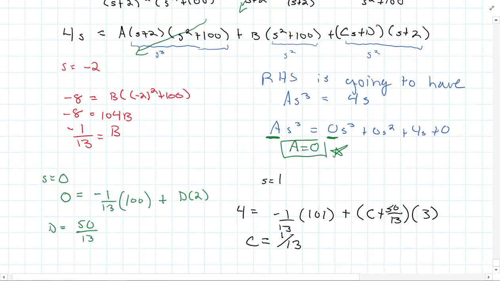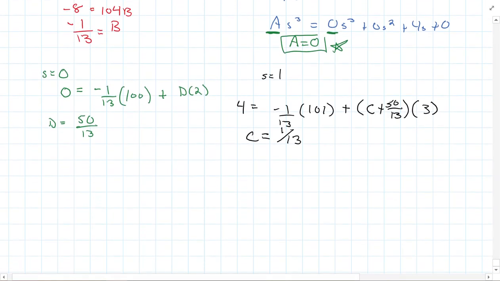Oh, I need to scroll back up here just to make sure. Okay, so I have negative 1 over 13 times 1 over quantity s plus 2 squared. And then it's cs plus d.